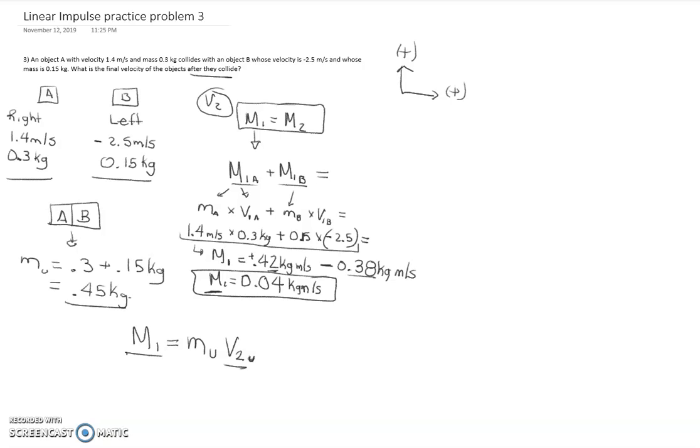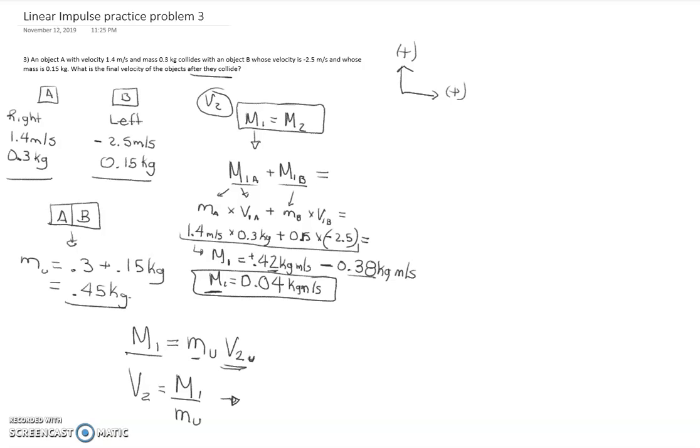And now we're going to rearrange because what we want to know is what the velocity will be, right? We already found this. All we've got to do is say velocity 2 is equal to M1, so the momentum for everything separately before the collision, divided by the mass of the unit. We already calculated the mass of the unit, which is the addition of the two bodies.